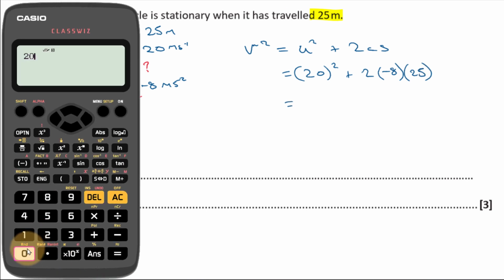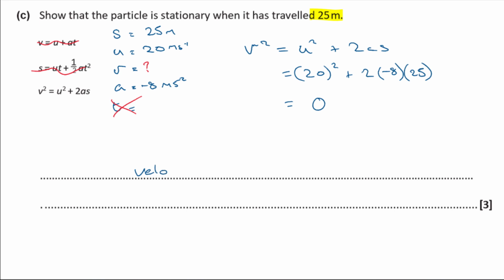Just double check that on the calculator. 20 squared plus 2 times negative 8 times 25. That's 0. So that's it then, isn't it? We can say that the velocity is 0, which implies stationary.